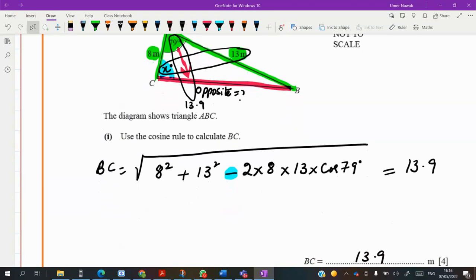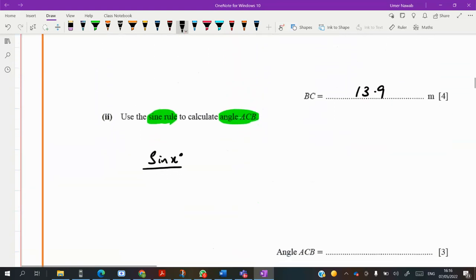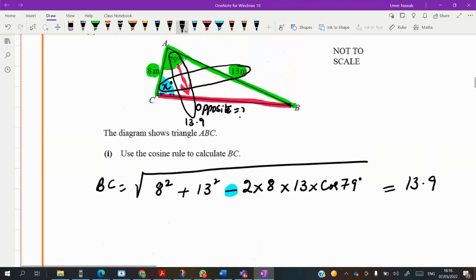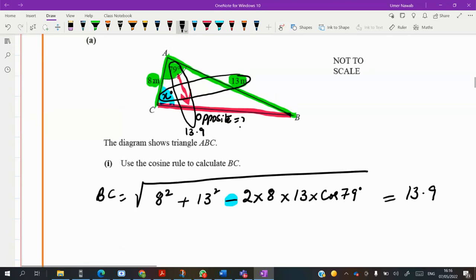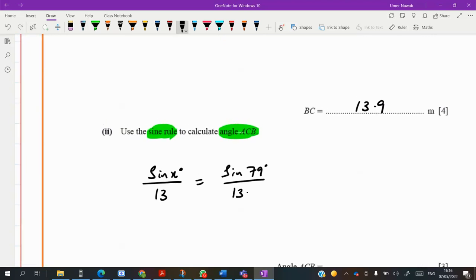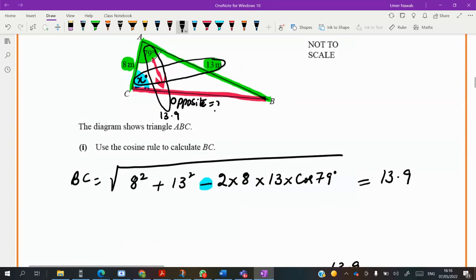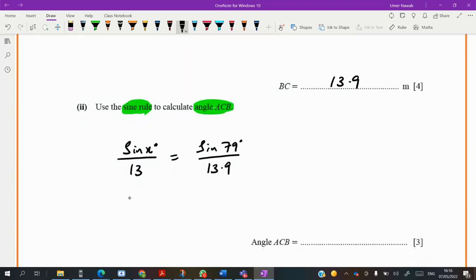So the sine rule says, if you want to find angle x, sine x on the top divided by 13 equals sine of 79 over 13.9. We will use this to find the value of x, sending 13 to the other side.